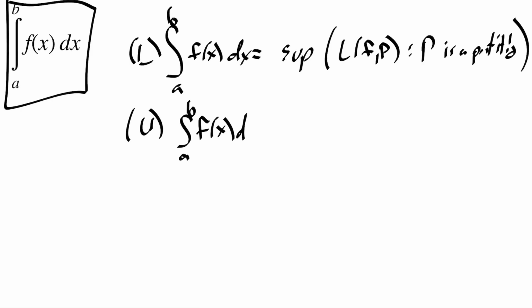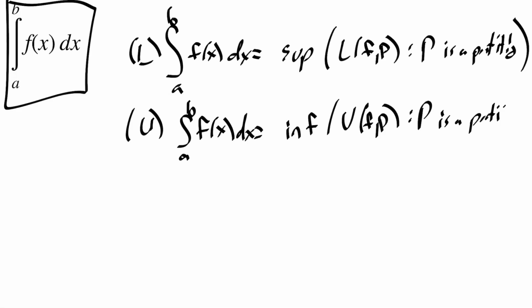Similarly, we'll have U, the upper integral, and you might be able to guess what that one is, which is the inf of all the upper sums. So in other words, we took all of our lower sums and took the sup of them, the biggest one, and then we took all the upper sums and took the inf of them, the smallest one.